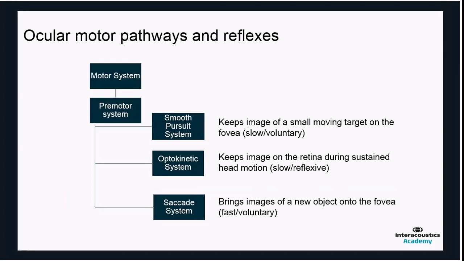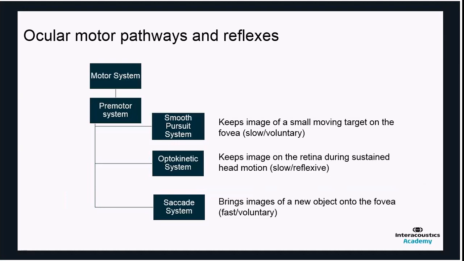The optokinetic system acts in a different manner, but it has a very close relationship with the smooth pursuit tracking system. The idea is to enable us to keep an image on the retina through a sustained head movement. These are movements that are, again, slow but reactive in orientation. The saccade system is different.